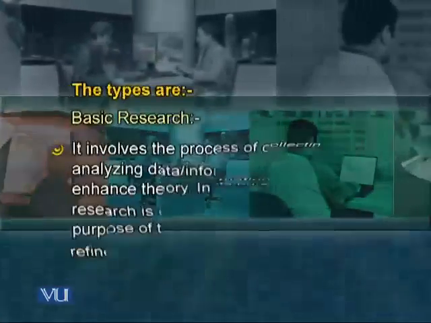So here also, when we are talking about basic research, remember that it starts with the collection of data and information about some theory, or to further explore a theory that is already existing.